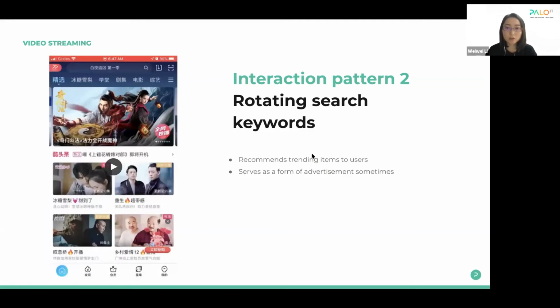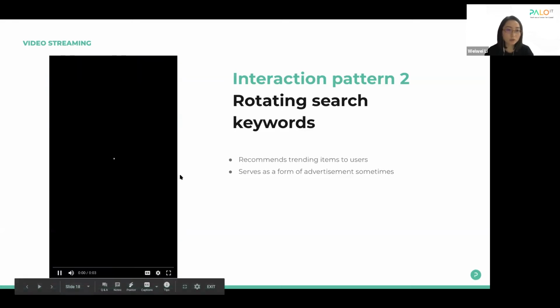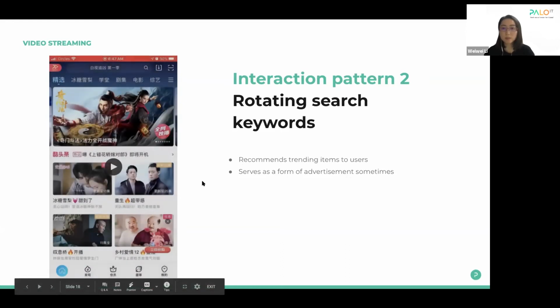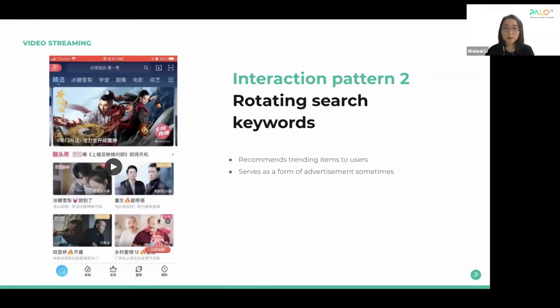So the second interaction pattern is the rotating search keywords. I think you'll be able to focus on the search box over here, and I will show the interaction. You'll notice that the search keywords rotate automatically. This is to recommend trending items to users, and I have yet to see it in any of the Western apps.